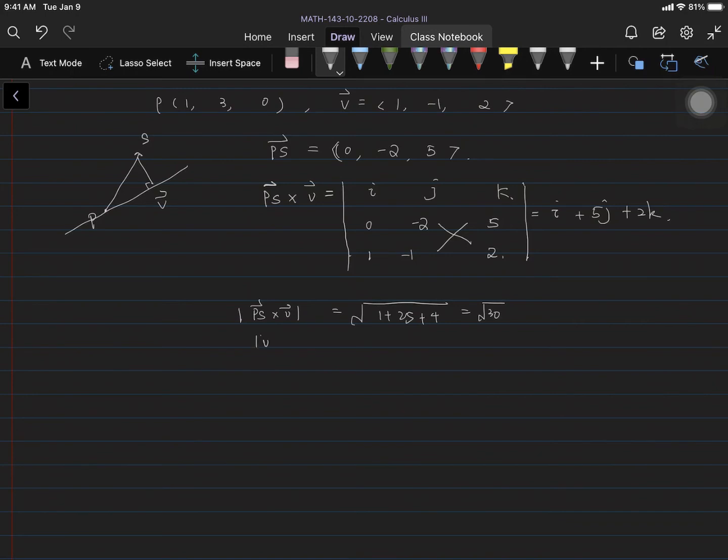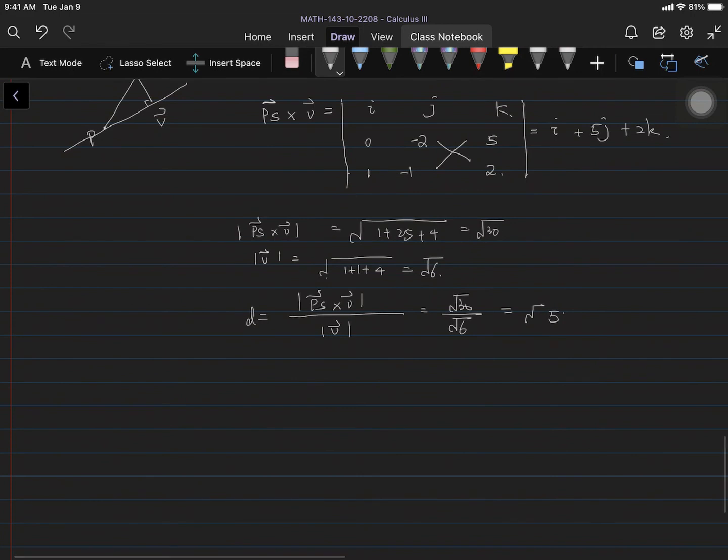Next, we also need the V length, which is the square root of 1 plus 1 plus 4, which is root 6. So the final distance is the length of PS cross V divided by the length of V. So the final answer is root 5. That is the distance.